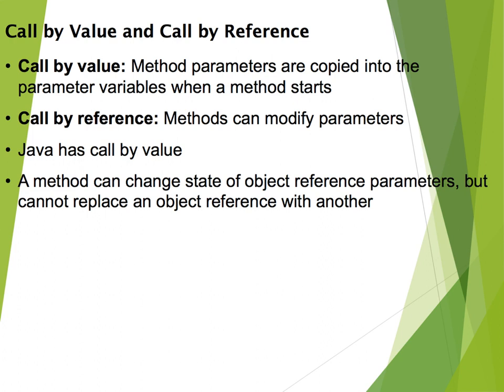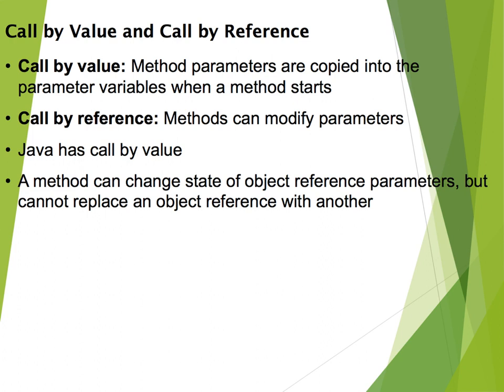So here we're going to talk about call by value and call by reference. When a method is called, there are two possibilities. Either the method can modify its own explicit parameters, or its explicit parameters are copied into some parameter variables when the method starts, and this way the method cannot modify its own explicit parameters.